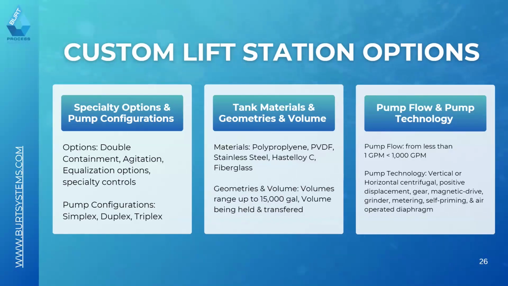You may have to go to fiberglass, for example, or self-priming pumps. And then you can also look at having a combined flow system at that point, where you're running both pumps in tandem, sometimes to achieve a higher flow rate.